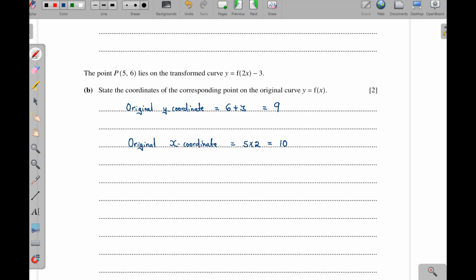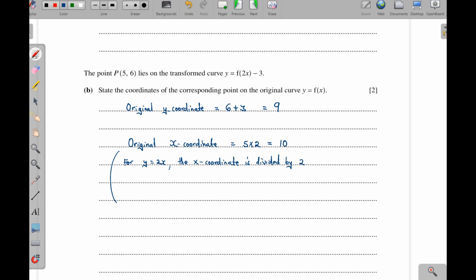Okay, remember, for y is equal to, let me put this one in brackets, 2x, okay, the x coordinate is divided by 2.